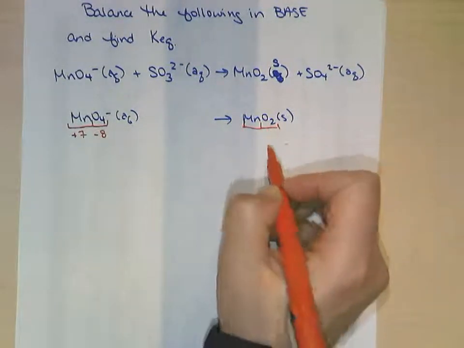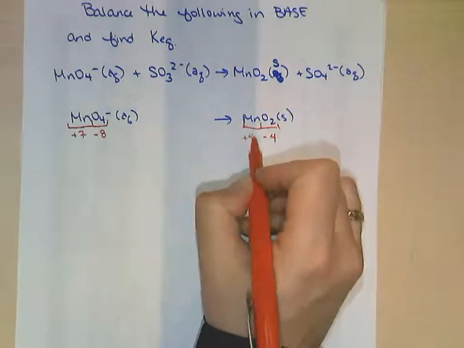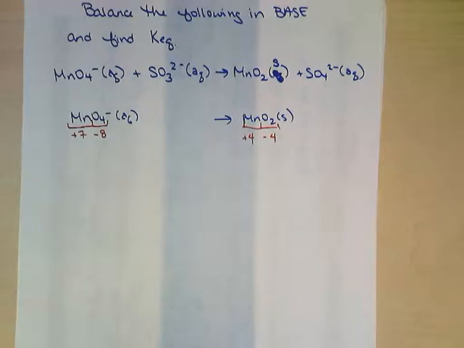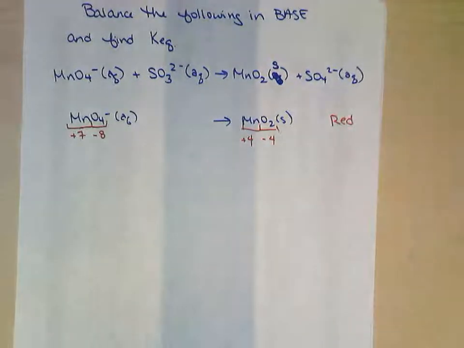Okay, so then what must the Mn be if it's overall 0? Yep. All right, so I've gone from 7 to 4. Is that an oxidation or a reduction? That's a reduction, right, it decreased. So do I put the electrons on the products or the reactants? Products, and how many do I need to go from 7 to 4? 3.